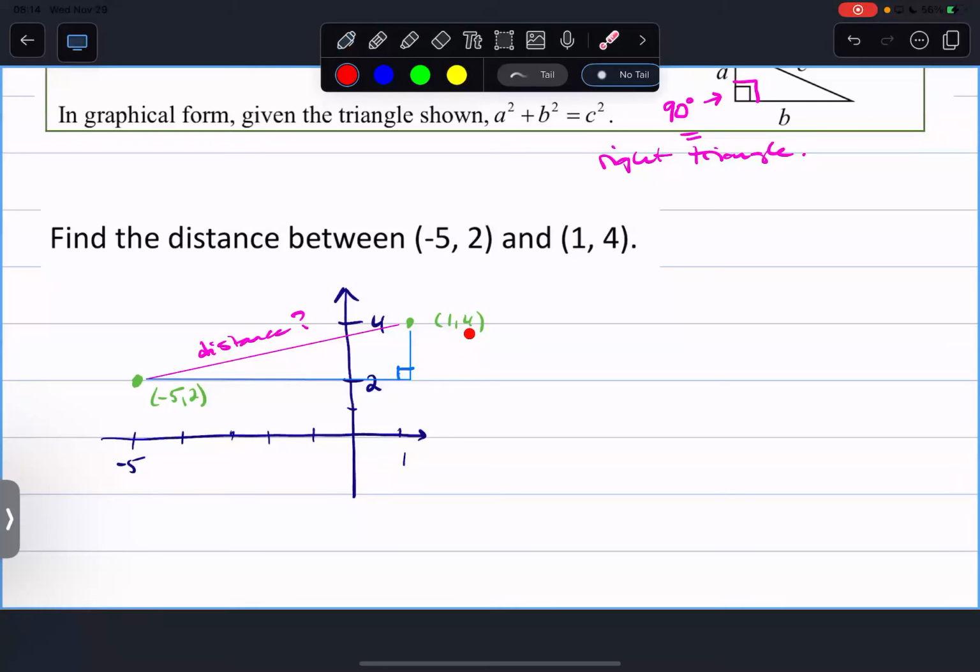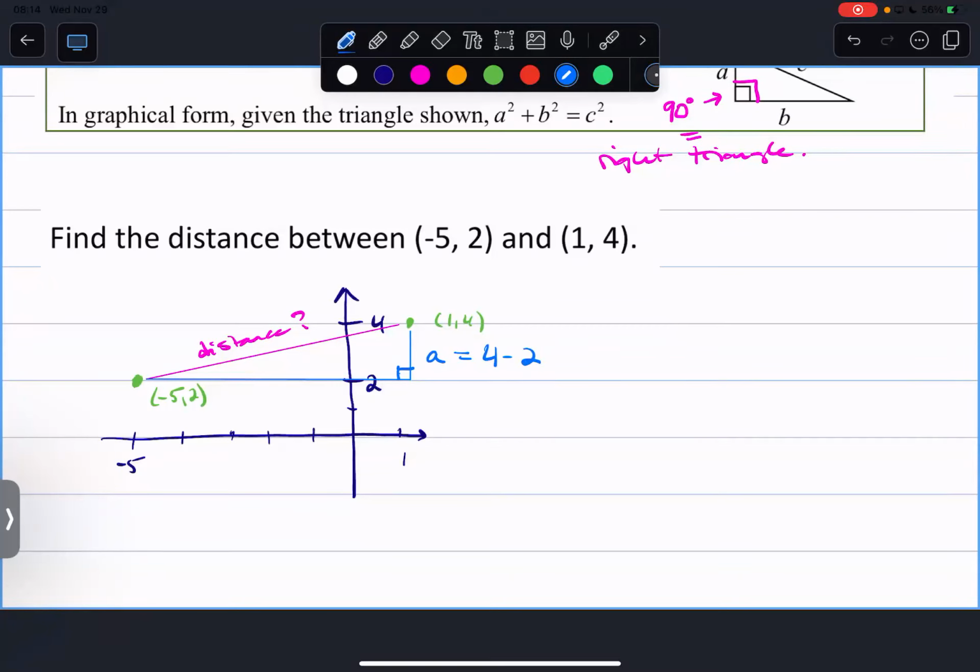If you want to find this distance here, what are you going to do? You're going to take probably 4 minus 2, right? So here, let's see, I've run out of colors. Fine. So here, this distance, let's call it A. 4 minus 2.